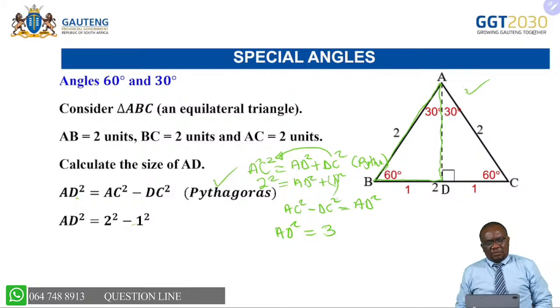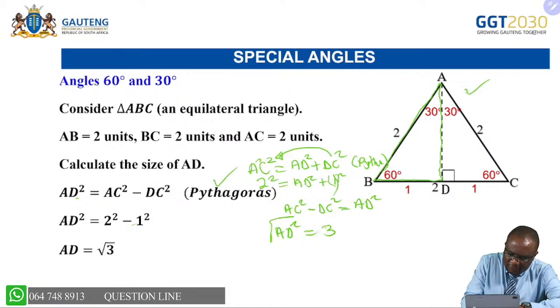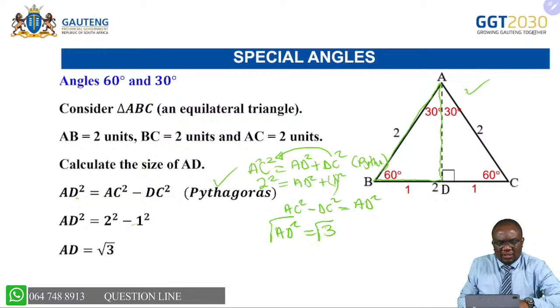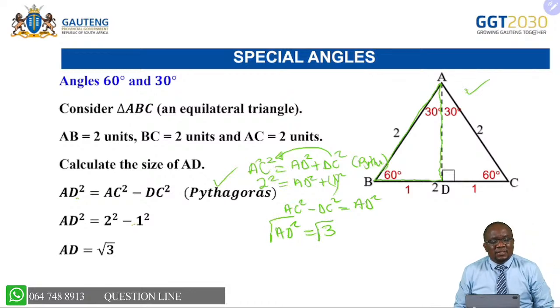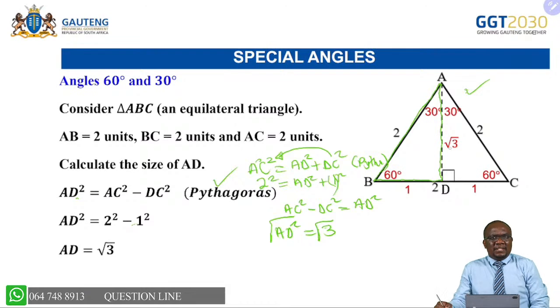And then what do we do to get AD? We square root both sides. And then we get that AD is square root of 3. Now, to our diagram, write the size of AD: square root of 3. Just add square root of 3 to your diagram.